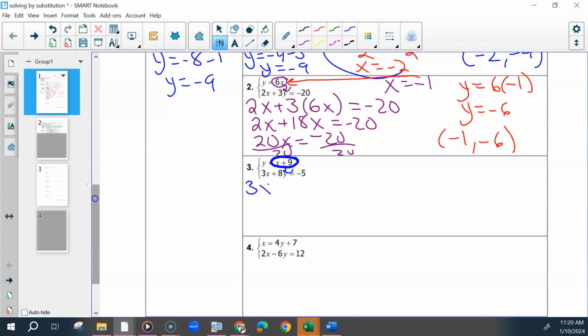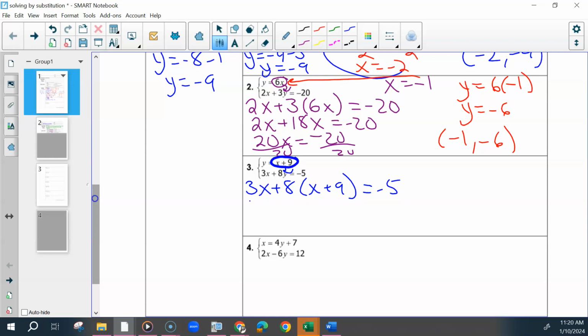So we have 3x plus 8 in parentheses x plus 9 equals negative 5. Besides making sure you're substituting it into the right variable, you also have to make sure you're substituting it into the right equation. If you substituted this equation back into itself, you would just get no solution or infinitely many solutions by accident. So make sure you're substituting it into the other one.